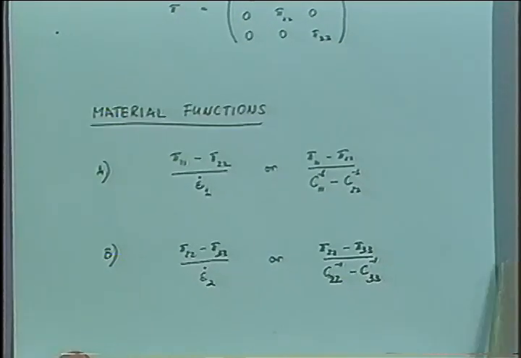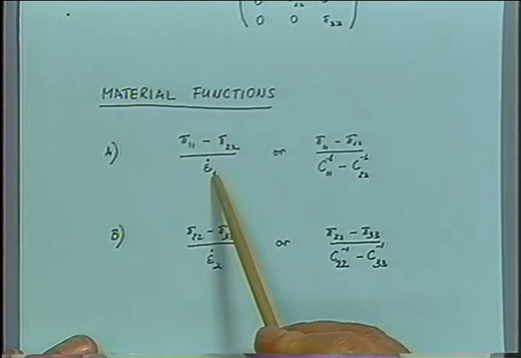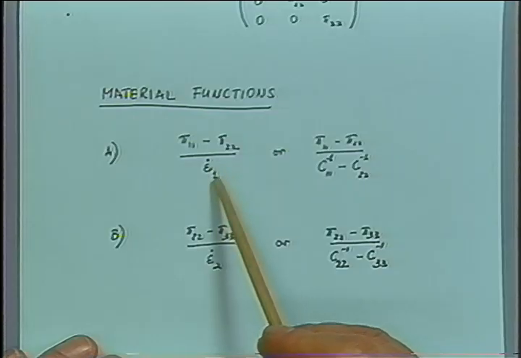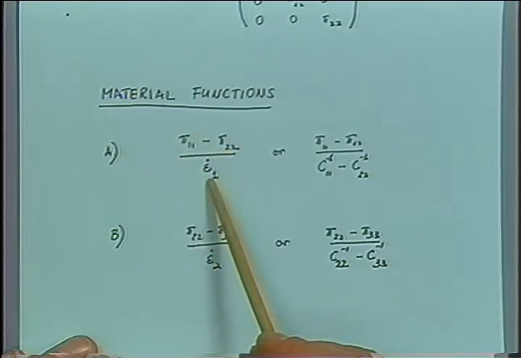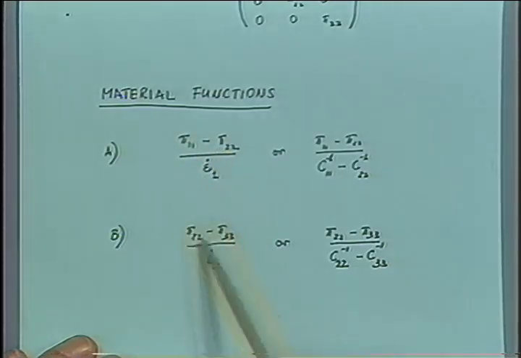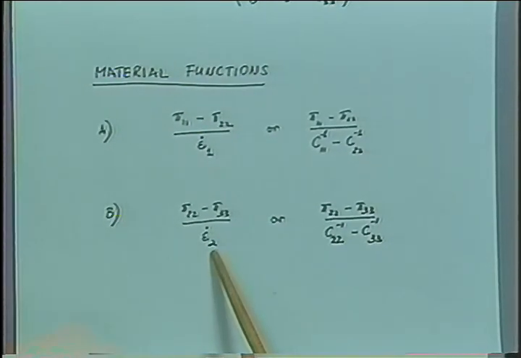The material functions which describe the flow then would be the stress divided by the strain rate, which gives a viscosity. And note that we put the first normal stress difference divided by the extension rate and the second normal stress difference divided by the extension rate. The third extension rate is not a free variable because of conservation of mass and constant density.